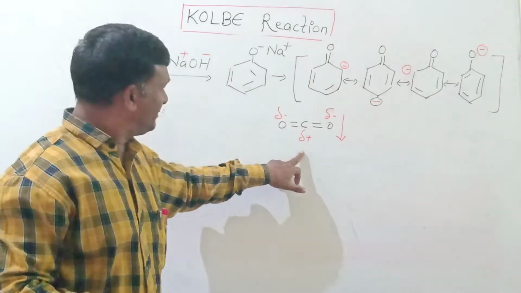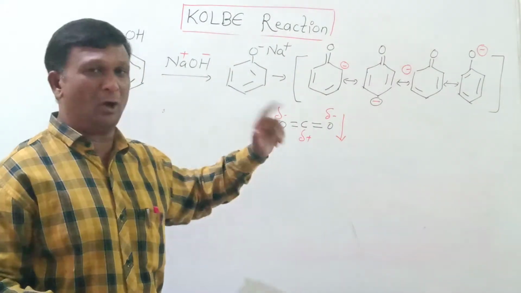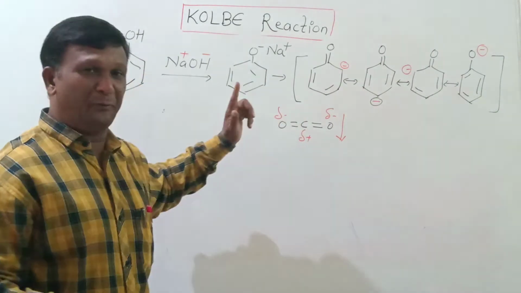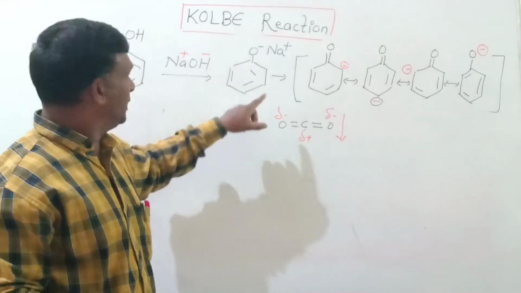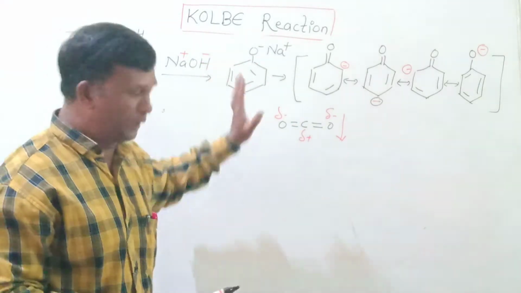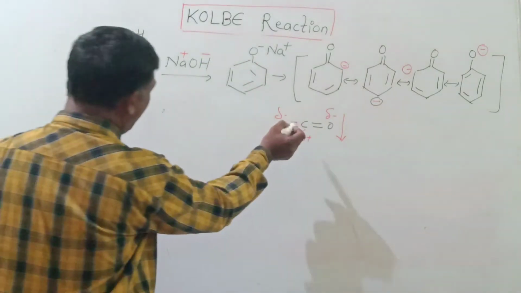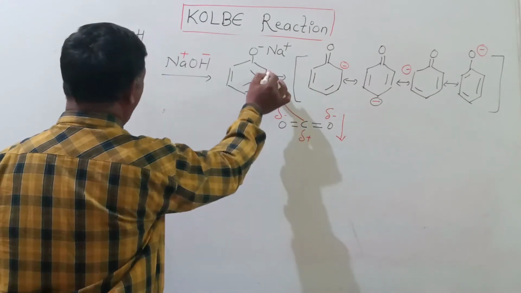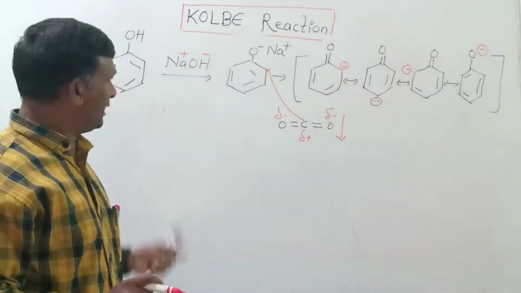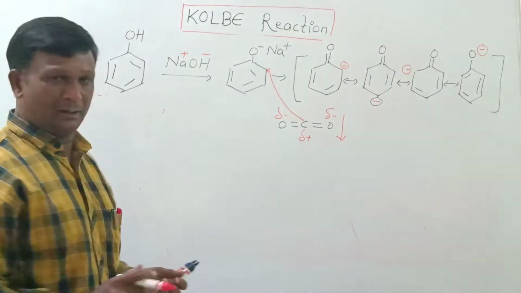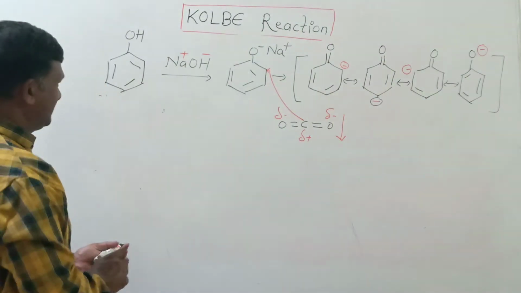Partial positive means the carbon is in need of electrons now, which are available on the ortho position of the phenoxide molecule. So this carbon then attacks the ortho position of the phenoxide ion to give us an intermediate.